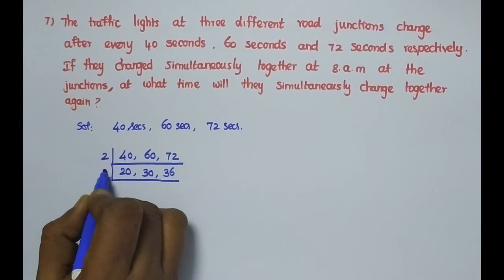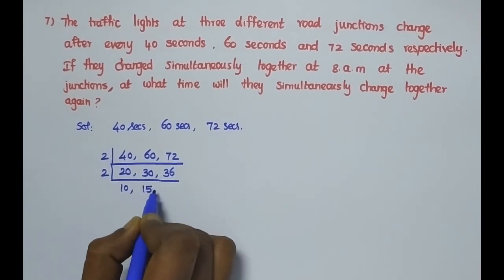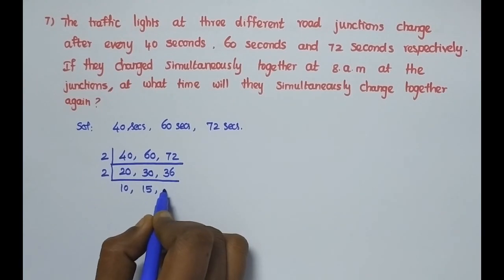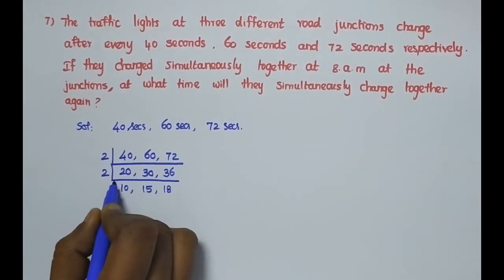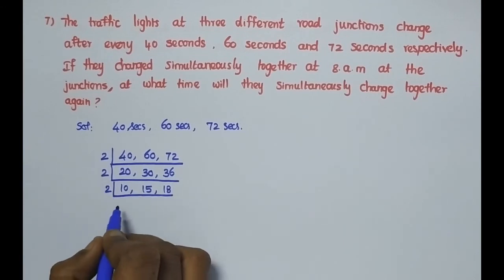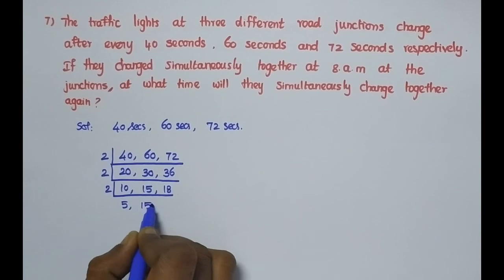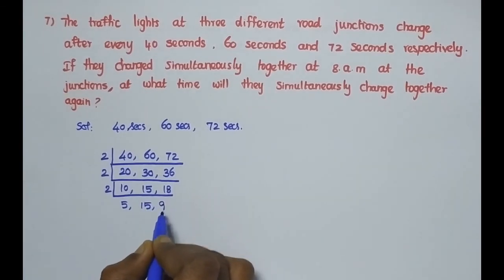Again divided by 2, 10 2s are 20, 15 2s are 30, 18. 18 2s are 36. Again divided by 2, 5 2s are 10, 15 is not possible, 9 2s are 18.